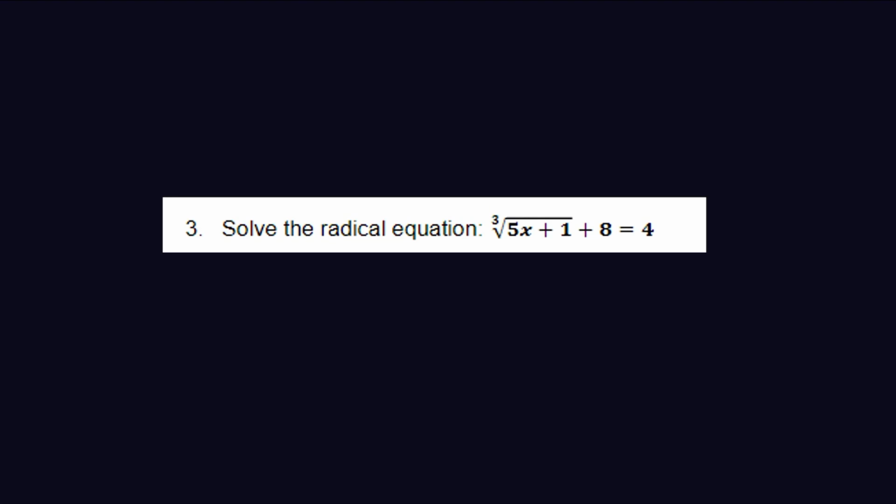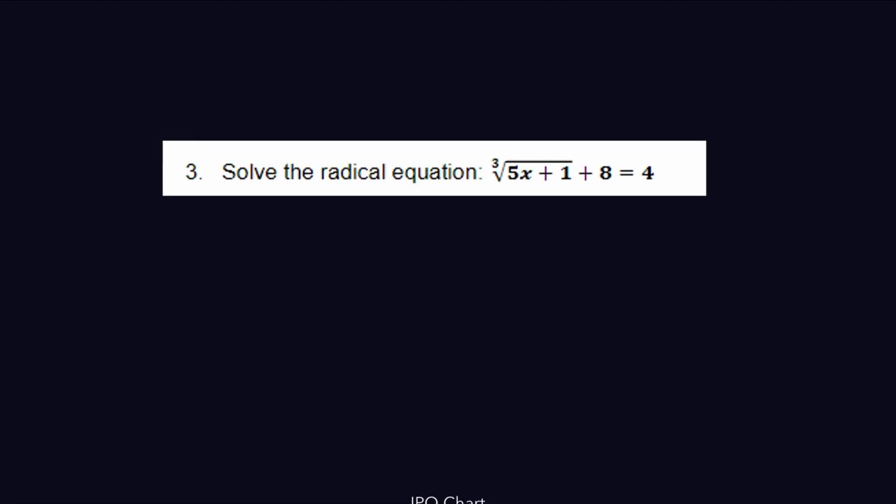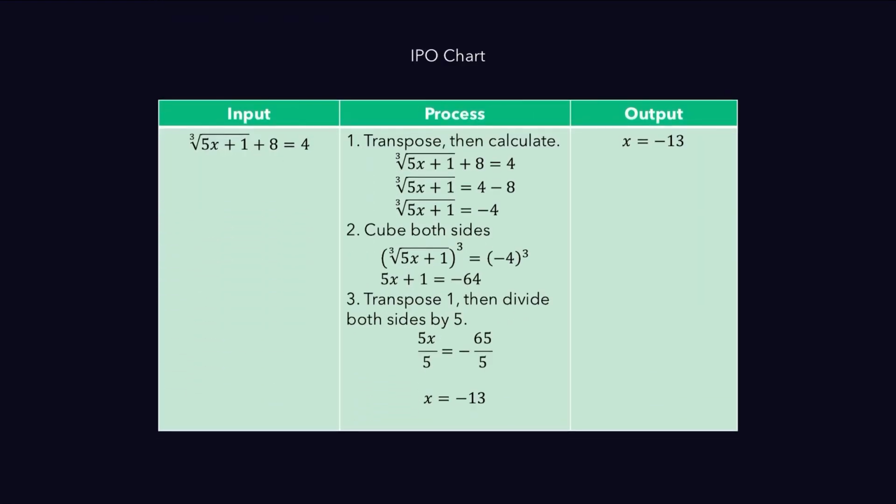Now, let's tackle number 3, which is to solve the radical equation cube root of 5x plus 1 plus 8 is equal to 4. Here, we have the IPO chart, and our input would be the cube root of 5x plus 1 plus 8 is equal to 4. In order to solve this problem, we are to first transpose 8, then simplify.